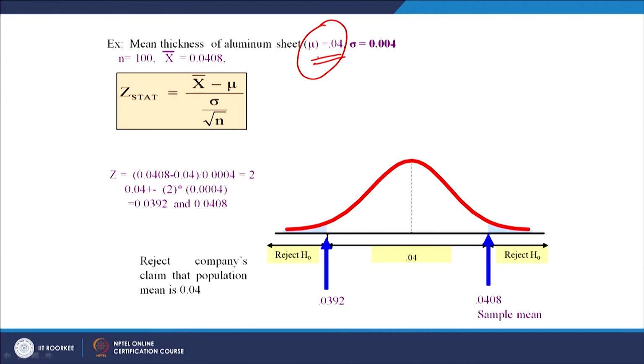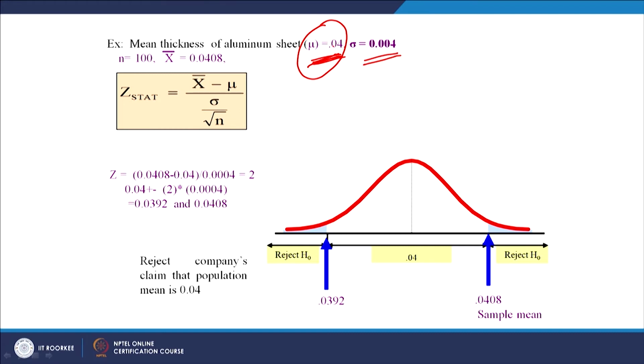That supplier has claimed that the mean thickness of the aluminum sheet is 0.04 mm, or centimeter, whatever you want, with a standard deviation of 0.004, and you want to test the claim which is being made by the supplier.